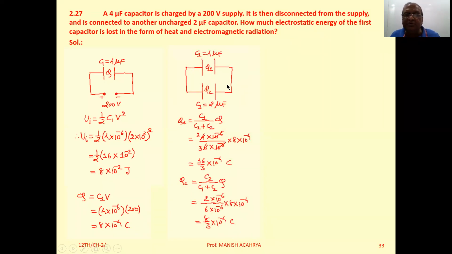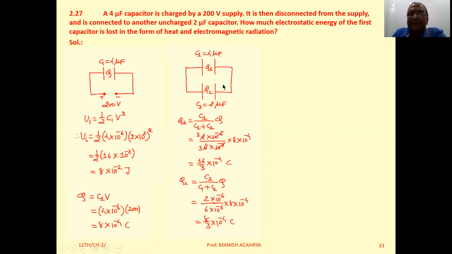So second situation, C1 4 microfarad connected with C2 2 microfarad. Initially C2 was uncharged, C1 is charged, and charge on C1 is Q. So we can say the total Q amount of charge is there in this circuit, which is now distributed between C1 and C2.